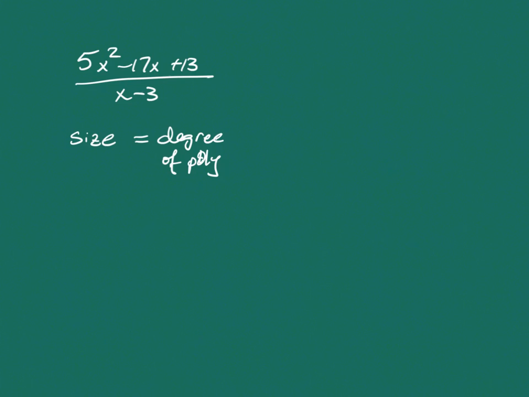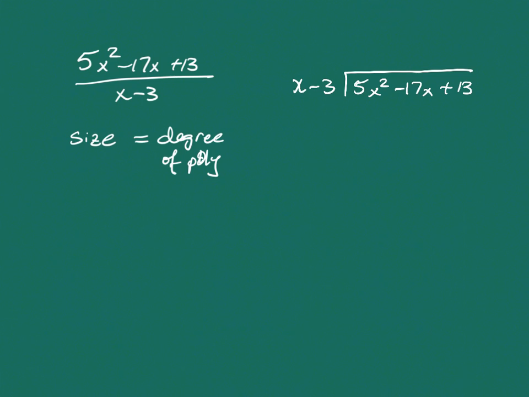So the numerator is bigger than the denominator, and we have an improper rational expression. All that means is that we can do polynomial division on it. We can do something similar to long division, but we look at the largest terms and take things down 1 degree at a time.